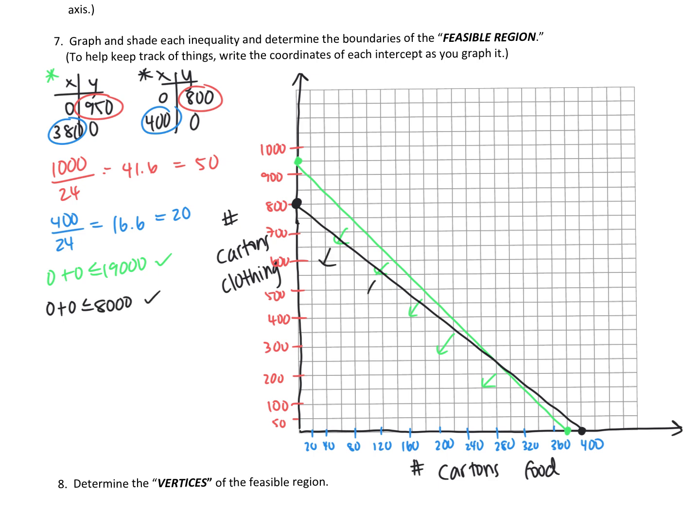So we shade towards 0, 0 again. Okay, so we have to shade in our feasible region then, which is where both shadings would be true, or both inequalities are true. So be careful with this right side in particular.